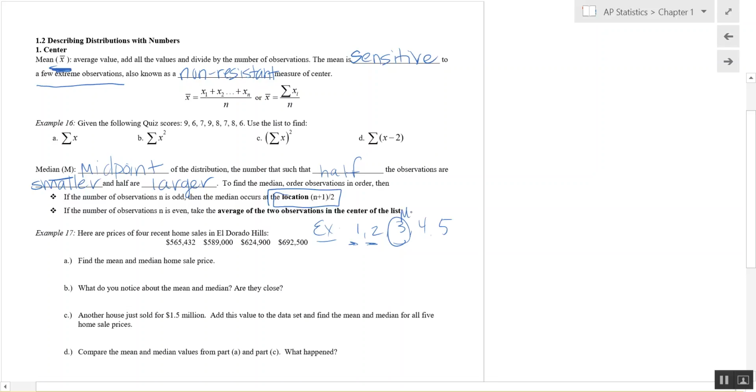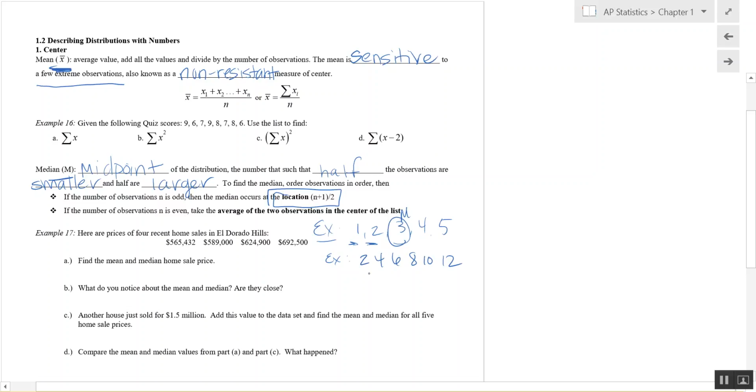If the number of observations is even, a different example, say my data set is 2, 4, 6, 8, 10, 12. So I have 6 observations. Then you take the average of the 2 observations in the center of the list.